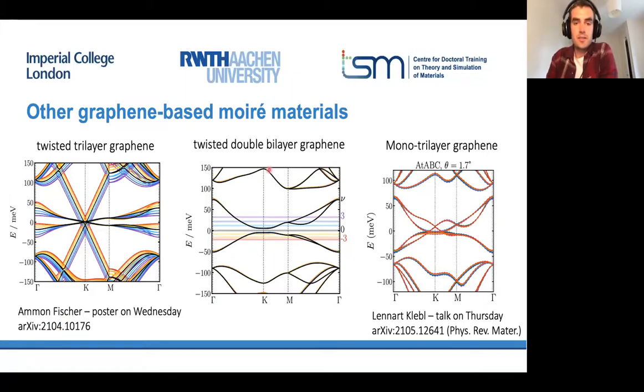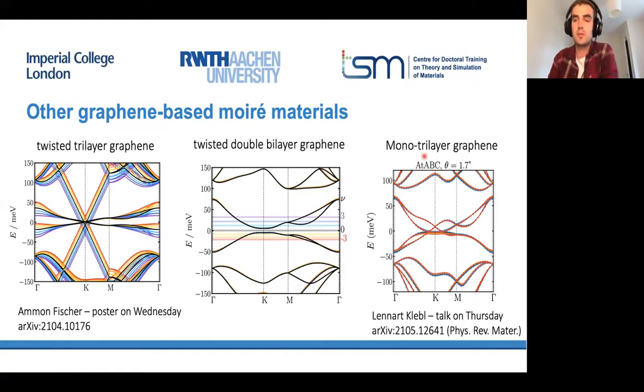Okay, so whereas materials such as twisted double bilayer graphene also have quite similar electronic structure, apart from the gap at the K point, what we find is that in this material the Hartree interactions are extremely weak and don't cause any band deformations to occur. And similarly, a new material that we've started to look at is mono-trilayer graphene.